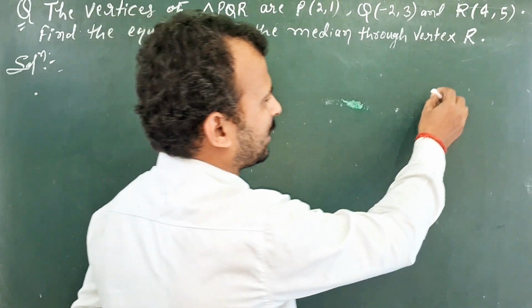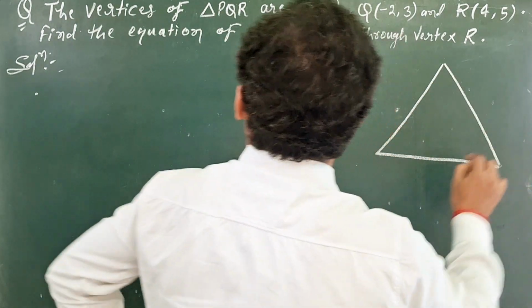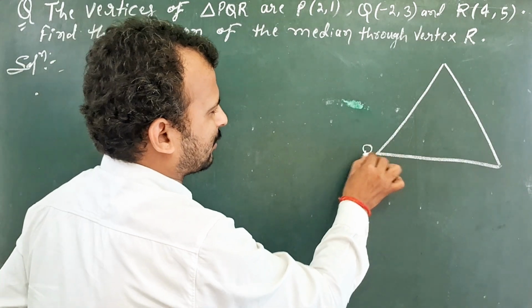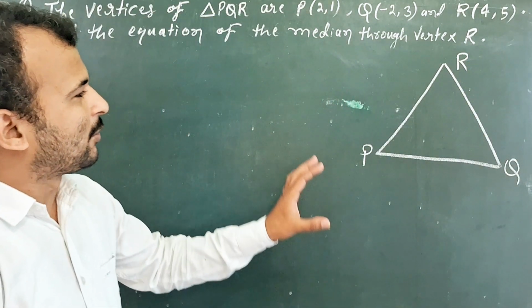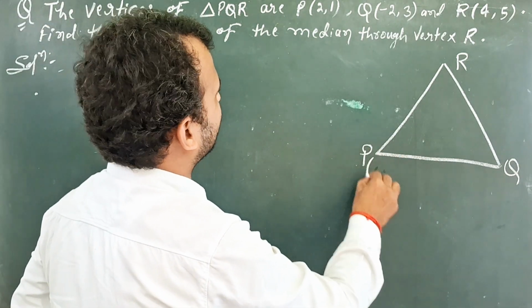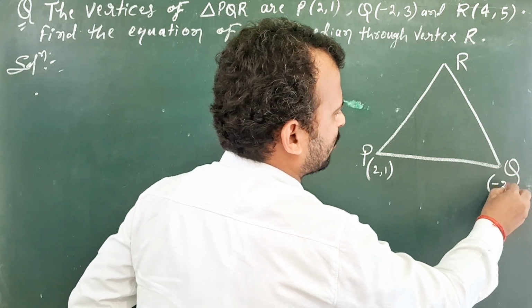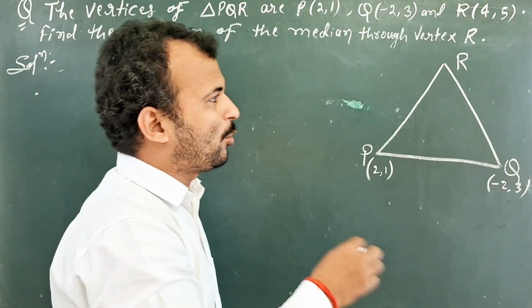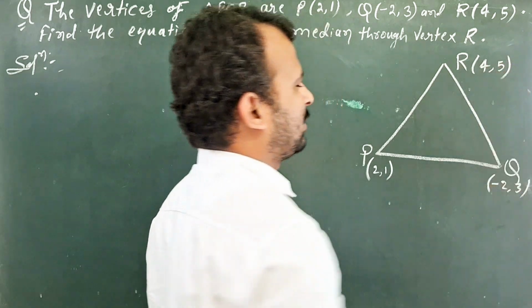First of all, we draw its figure, and we have the triangle PQR. This is the triangle. Coordinates of these vertices are here P 2, 1, coordinates of point Q minus 2 comma 3, and coordinates of point R are 4 comma 5, right?